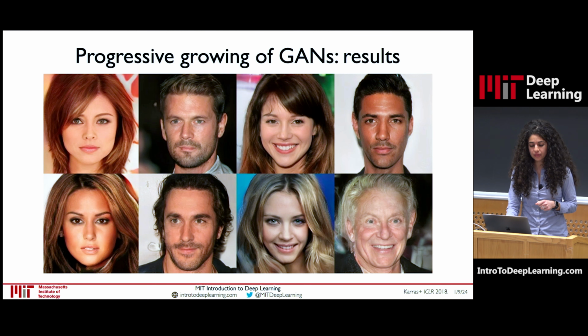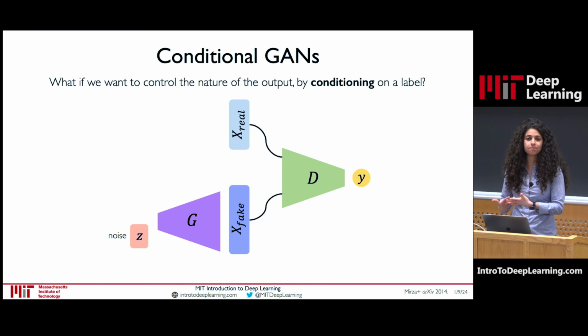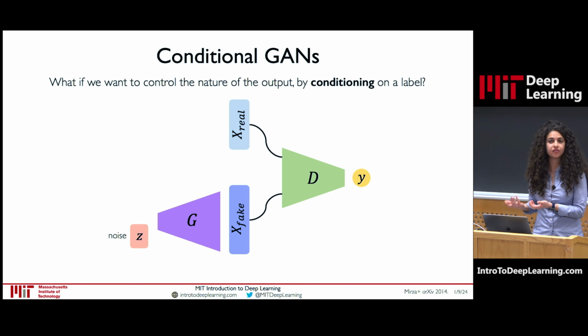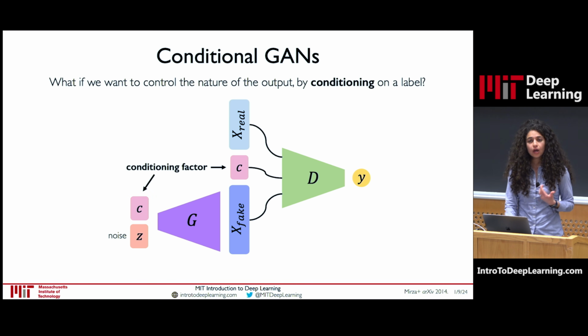One neat thing that I'll spend a little bit of time on is thinking about how we can better control the generative process of a GAN. Let's say we want to condition on some different types of information and generate samples accordingly. What we can do is not just supply only the random noise as the starting point, but also look at other forms of conditioning factors that can then guide the generations from a GAN.